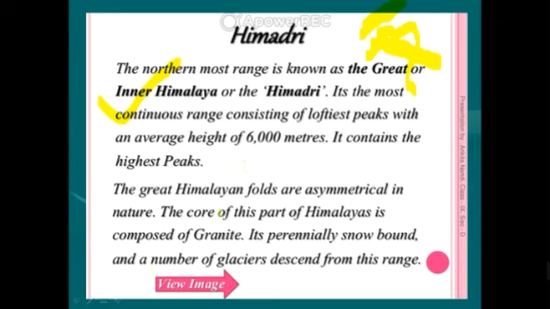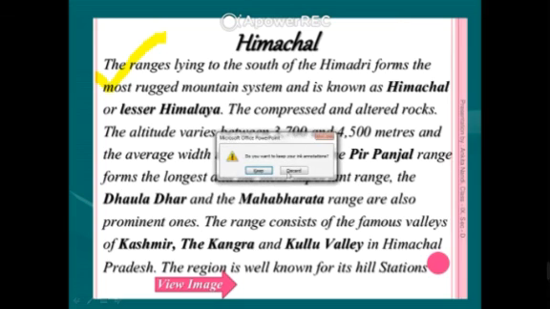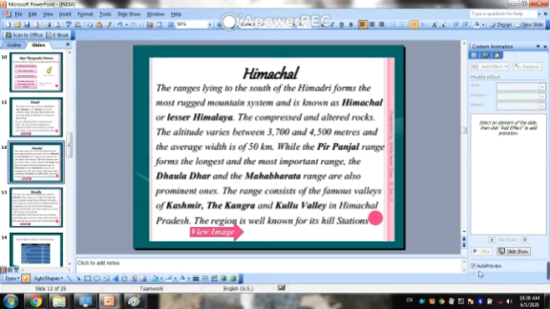The Great Himalaya is important, and it was formed by the folding condition when our Indian plate collided with the European plate. The second one is Himachal, also called the Lesser Himalaya. The Lesser Himalaya lies below the Himadri. So Himachal, also called the Lesser Himalayas, is the second part of our main Himalaya.